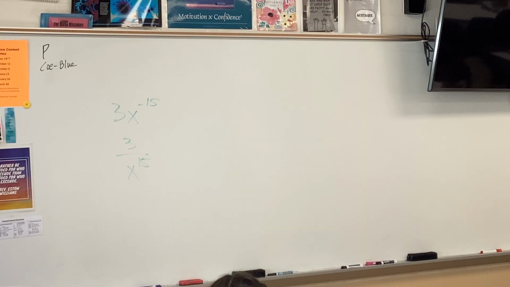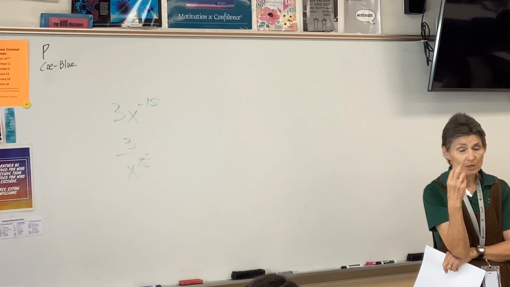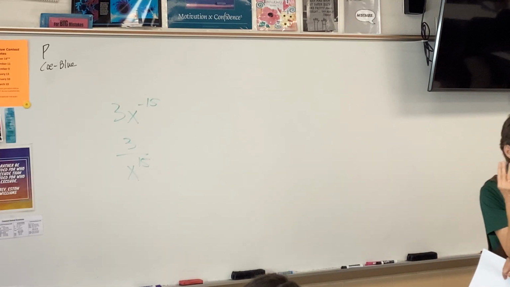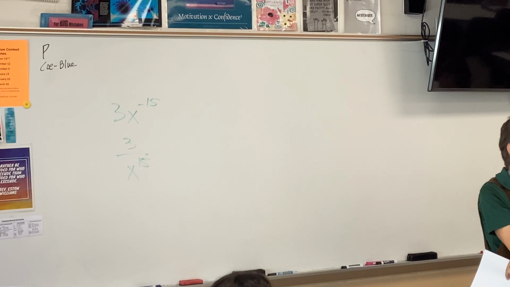That would be like a negative exponent. And you can't have an x under a radical, because that would be a fractional exponent. So no fractional exponents, no x's under radicals, no x's in the denominator, no negative exponents.